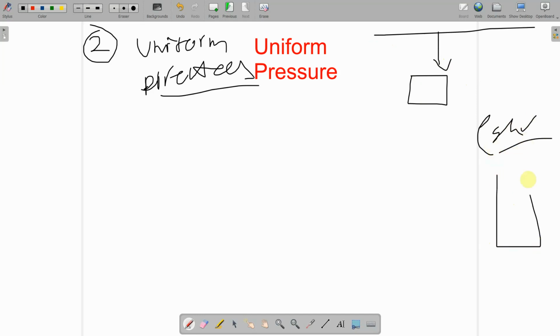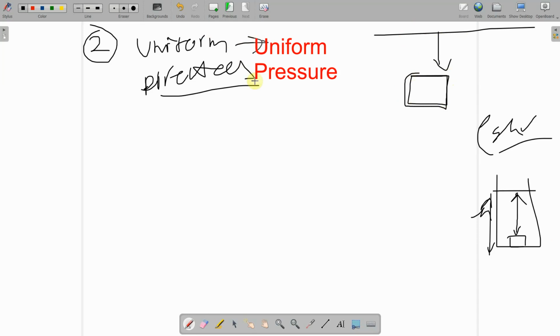Suppose you are keeping a block here and this much of water is here, so this is h. What will be the pressure exerted on this? Rho g h. Similarly, it will feel a pressure. I'm not giving any extra pressure. It will feel a pressure, and over the years it will be feeling the same pressure. It's called the uniform pressure.